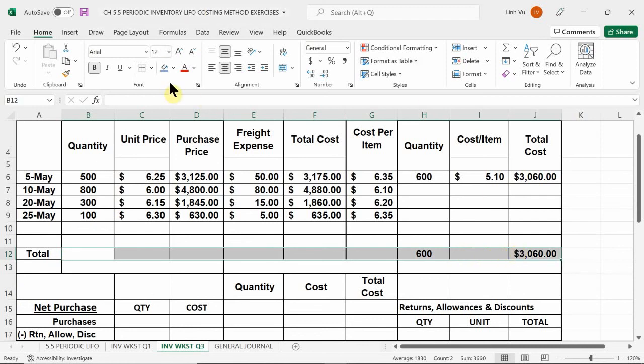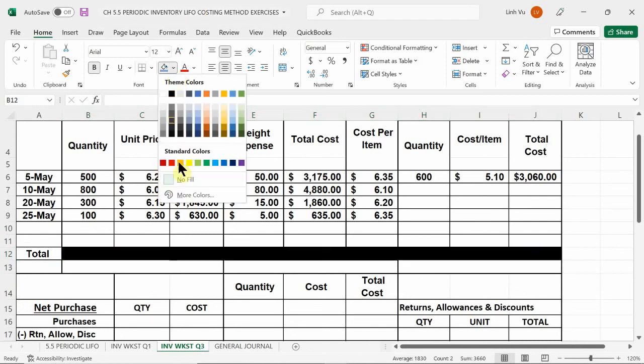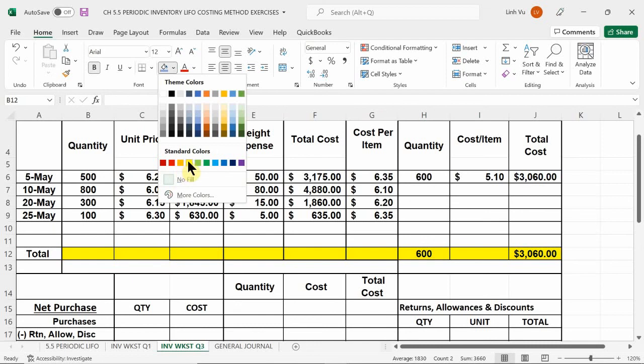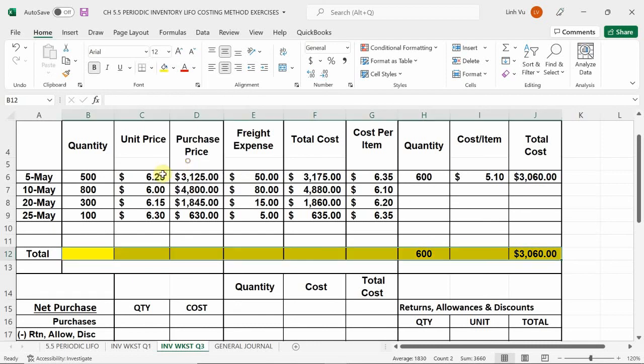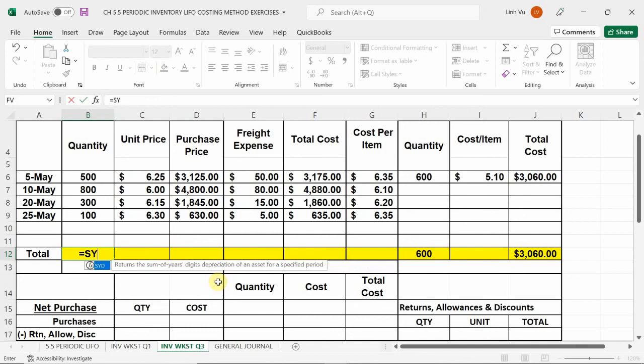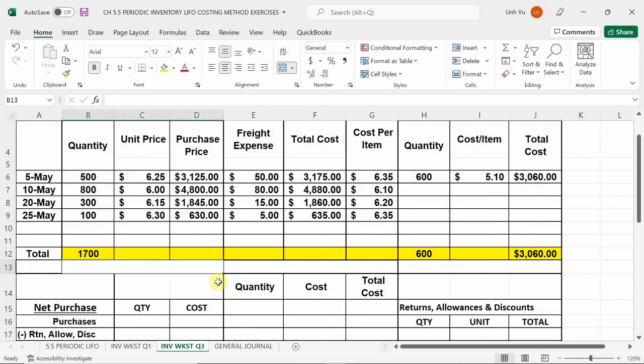Okay, so we know for a fact that we need to gather up our grand totals of quantities, purchase price, and our freight in total cost. So in this case, how many units did I purchase in grand total?